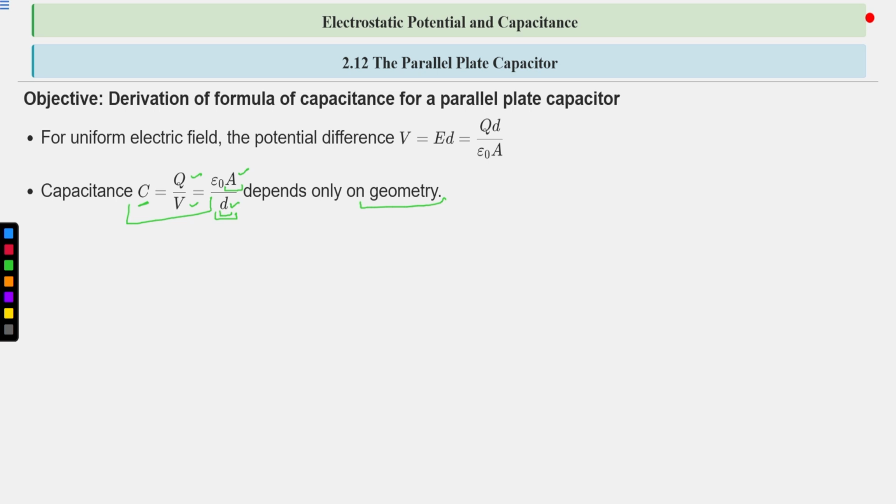We can increase the separation, capacitance will decrease. So if we want to increase the capacitance, we have to increase the area or decrease the separation. So our assumption is true, because we only want high capacitance. So we will take large area and small separation. So our assumption is true.